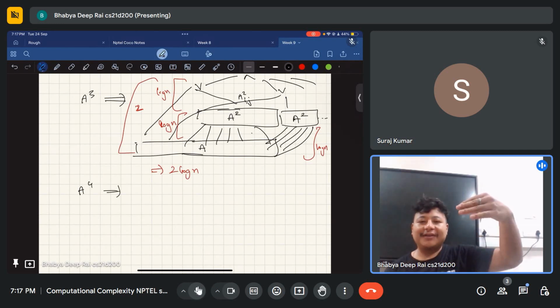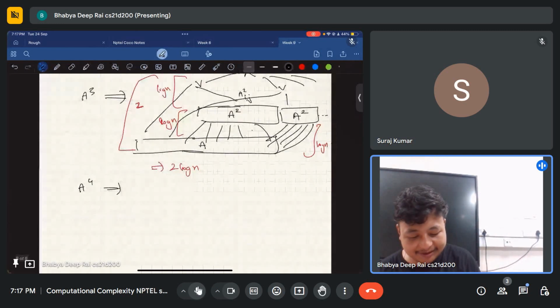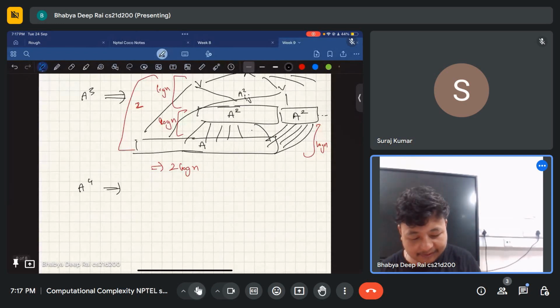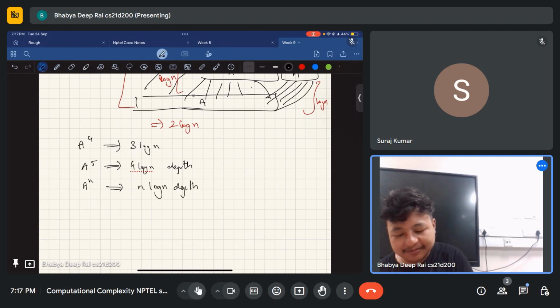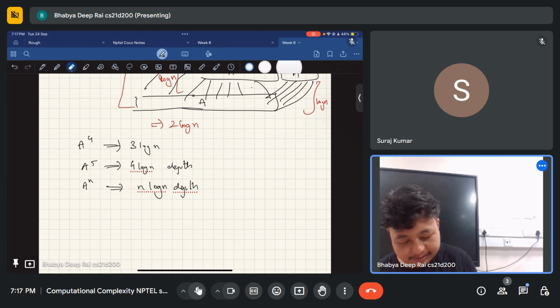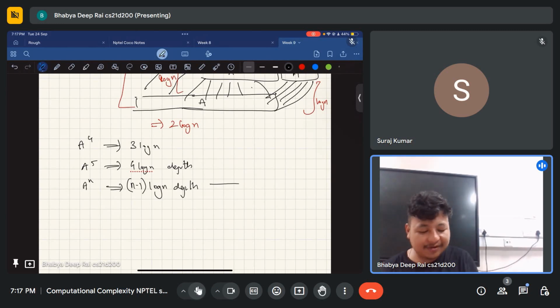Then I'll add one more level into it, and it will be 3 log n, and a to the 5 will add one more layer to it. It will be 4 log n depth. What do I want? I want a to the n, which will be n log n depth, or n minus 1 log n depth. Which is not NC1.